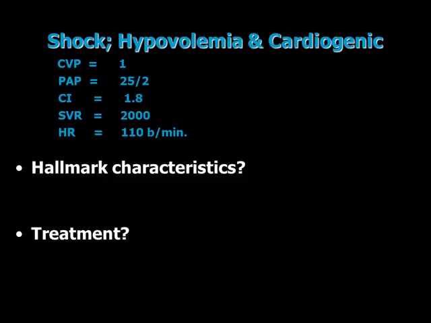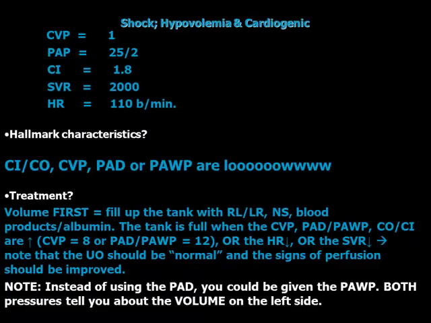What would you identify as the hallmark characteristics of a patient in hypovolemic shock? Well, I think that's pretty obvious. We can see that the CI, or the cardiac output, and the CVP, right atrial pressure, the PAD or the PAWP are low. Their values are all less than normal. And so that is an indicator that this is hypovolemic shock.